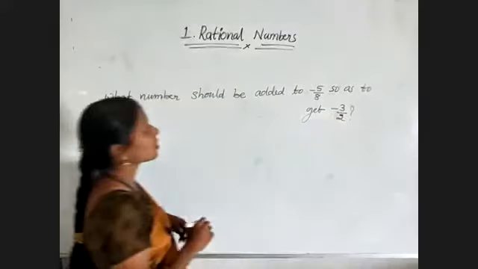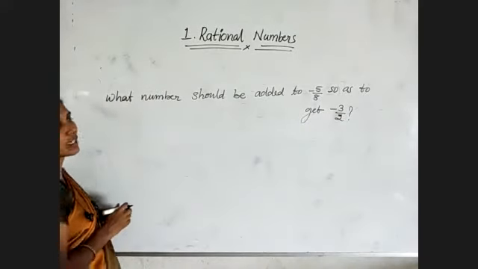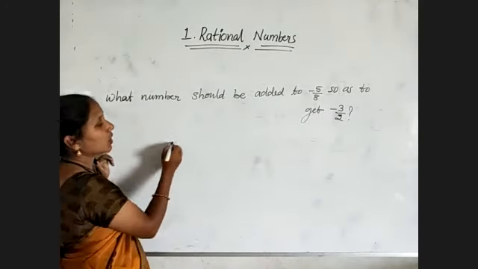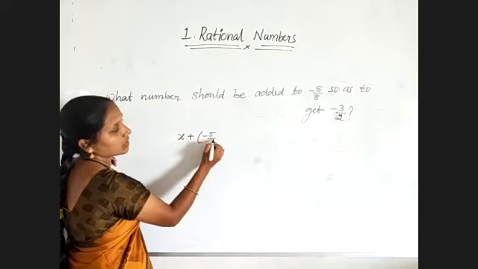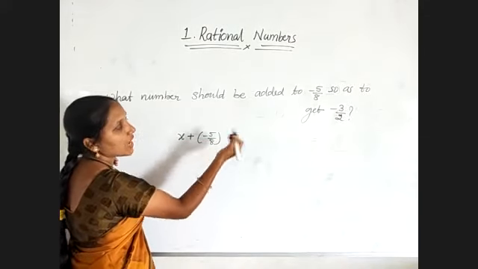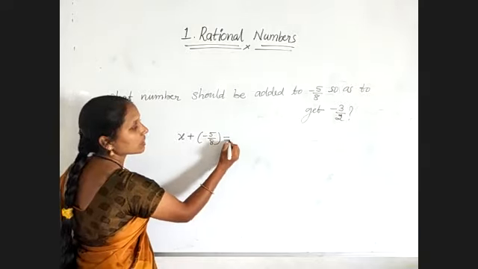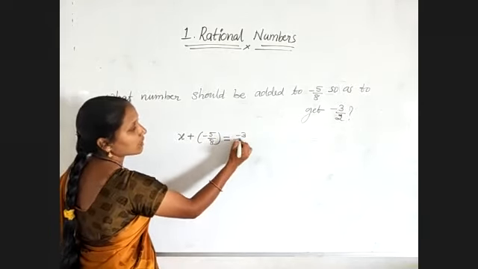So this is the question. What number should be added to minus 5/8? So let x be added to minus 5/8, so as to get the result minus 3/2.